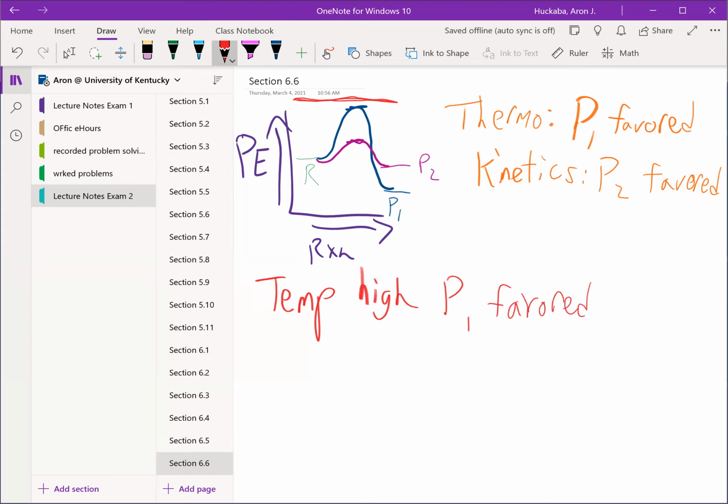So in this case, we would call P1 the thermodynamic product, which is short for thermodynamically favored product.